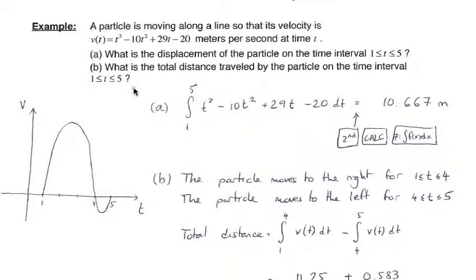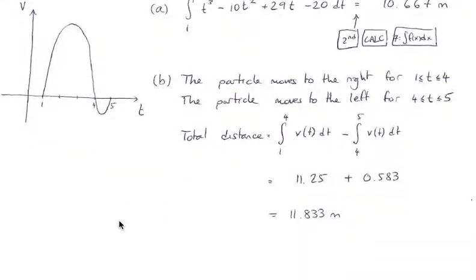However, if we want to answer question B, what is the total distance traveled, then we have to find the total distance traveled between 1 and 4, and then we'll have to add the area between 4 and 5, a positive value, because even though it traveled back, it's extra distance. So between 1 and 4, we're integrating v of t, and then you can do it in a different way.